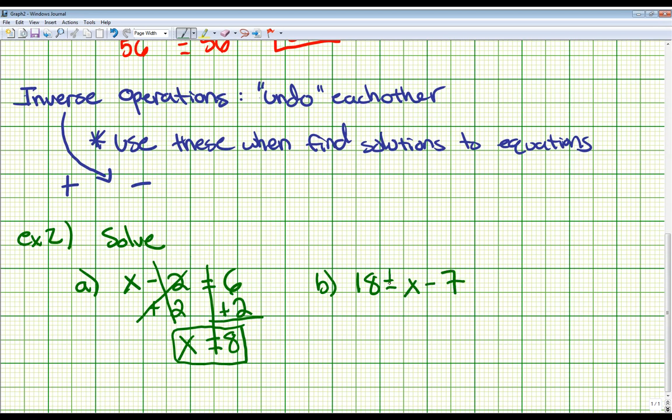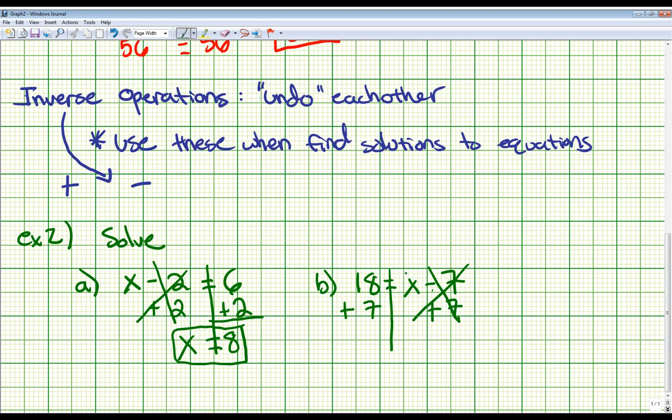So again, I'm going to start by drawing my line on my equal sign because this is our balance. Whatever we do to the left, we have to do to the right. I see a minus 7 this time. So the inverse of a minus 7 would be to add 7. Since I did that to the right, I have to do it to the left. And a minus 7 plus 7 would cancel each other out because they're inverse operations using the same number.